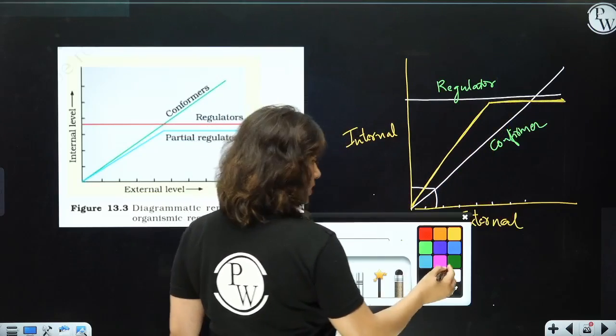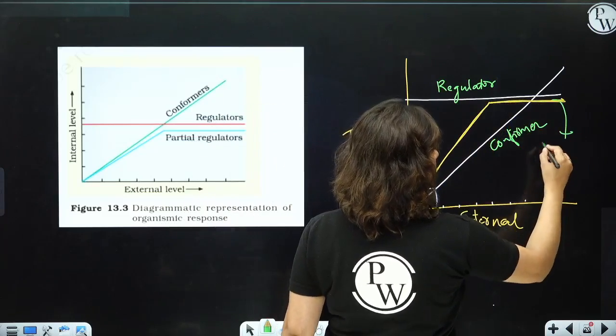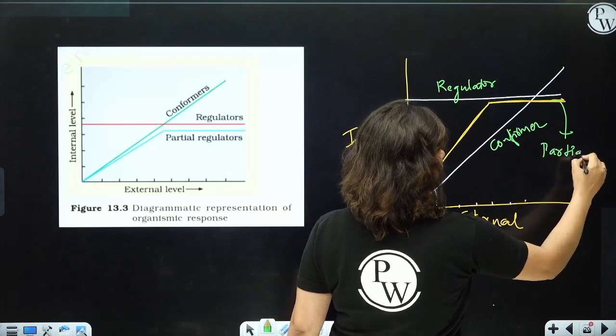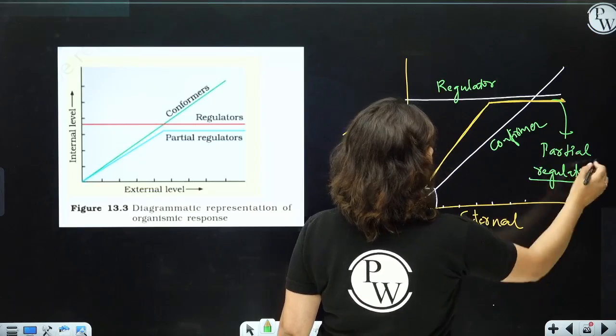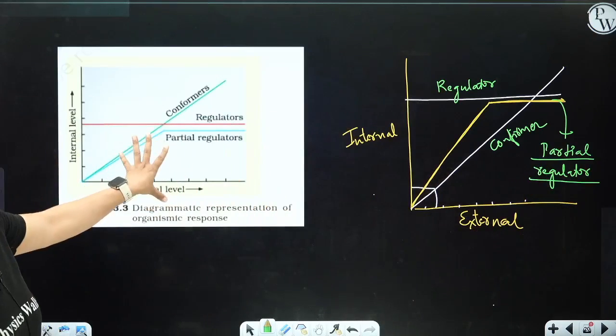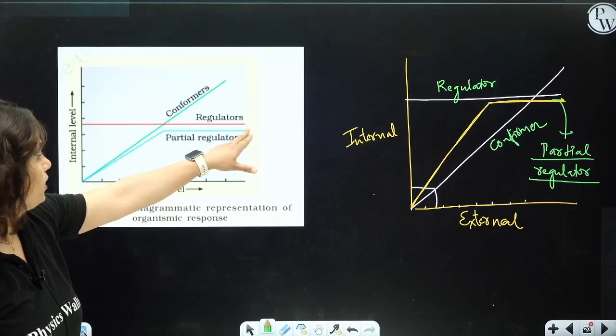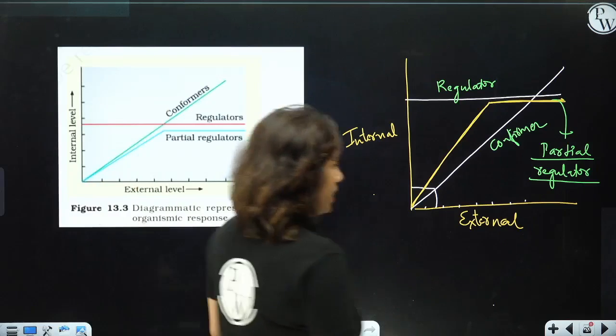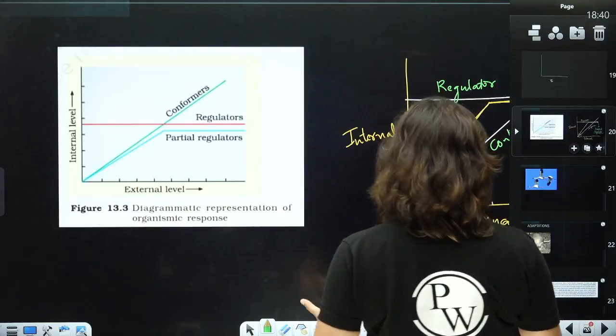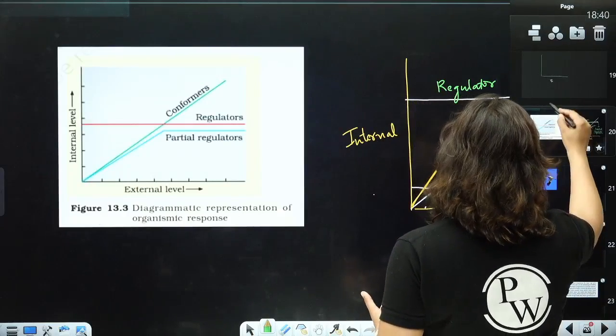So obviously this is a partial regulator. I hope you got the point. So how to read this? Regulator, conformer, and partial regulator.